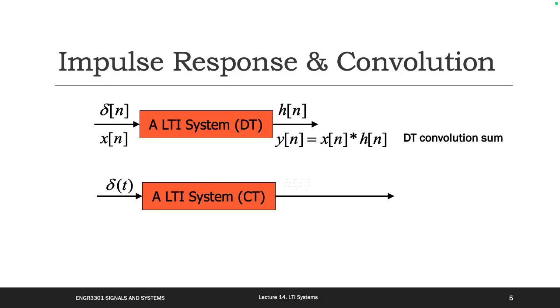And then we define h(t) as the impulse response for this CT system. For any input signal, you can use this equation to get the output. We call it the CT convolution integral. Why is this a sum and this an integral?